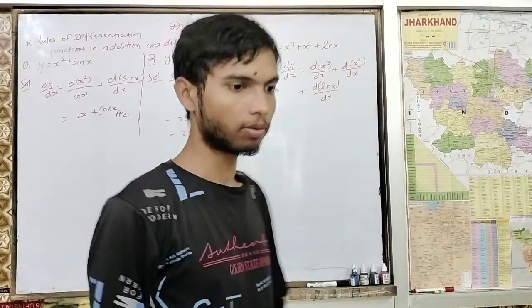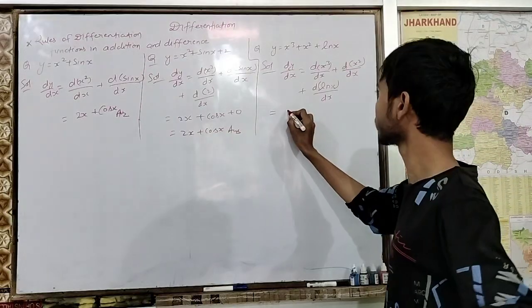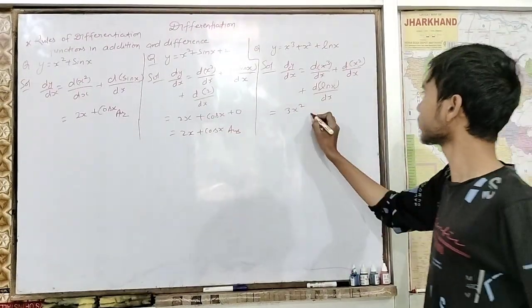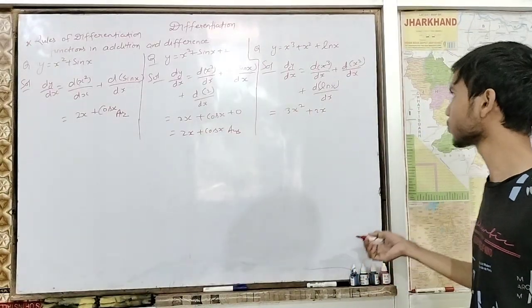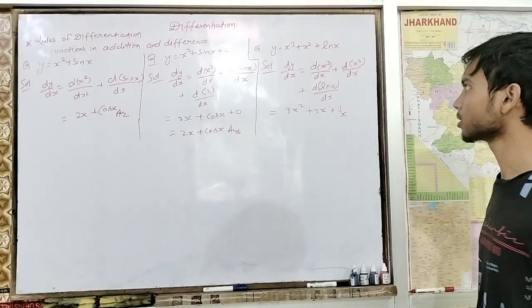Now in the next step we know that differentiation of x raised to power 3 is nothing but just 3x raised to power 2. Next we have 2x, then ln x is what? 1 upon x, 1 upon x.